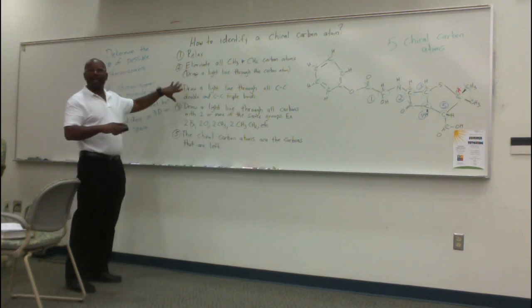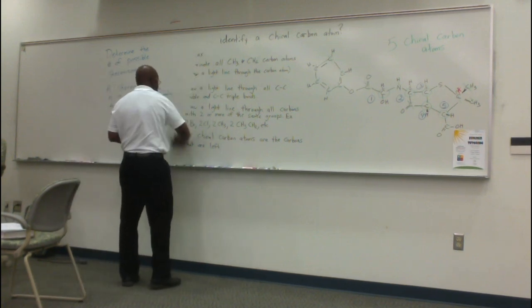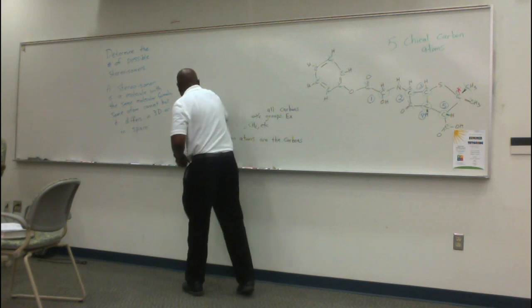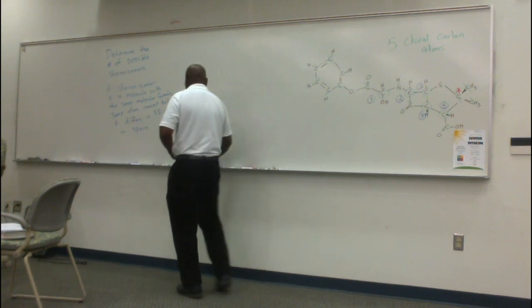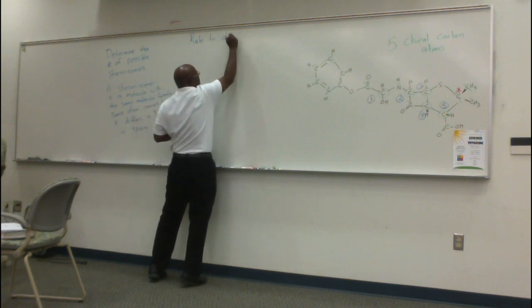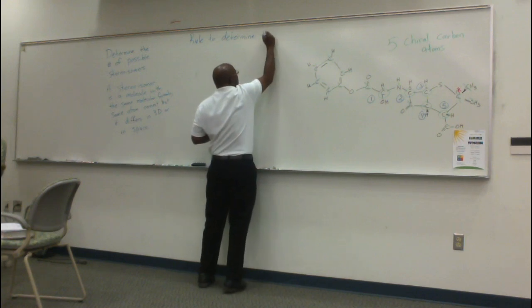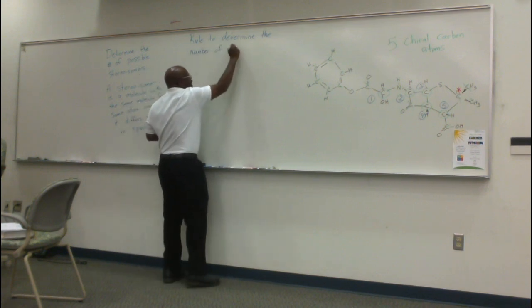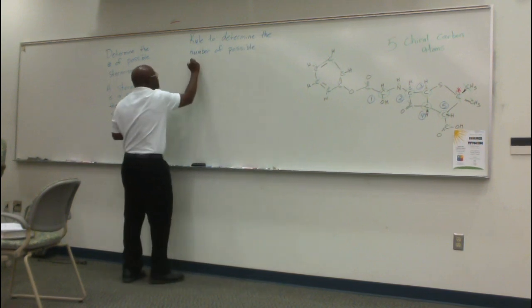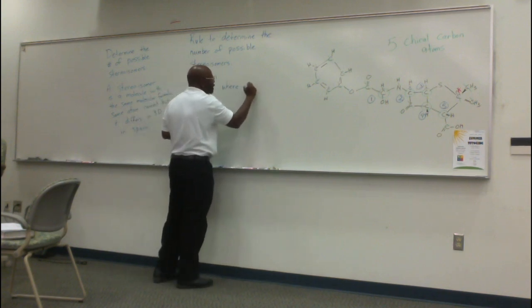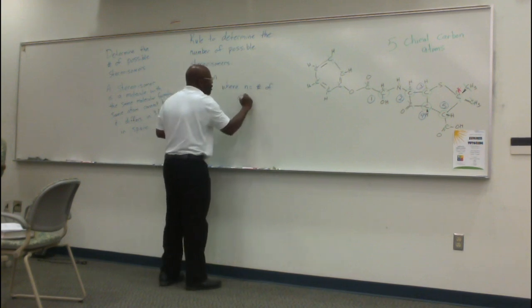We want to finish with this: how to identify chiral carbon atoms? The rule to determine the number of possible stereoisomers is 2 to the n, where n equals the number of chiral carbon atoms.